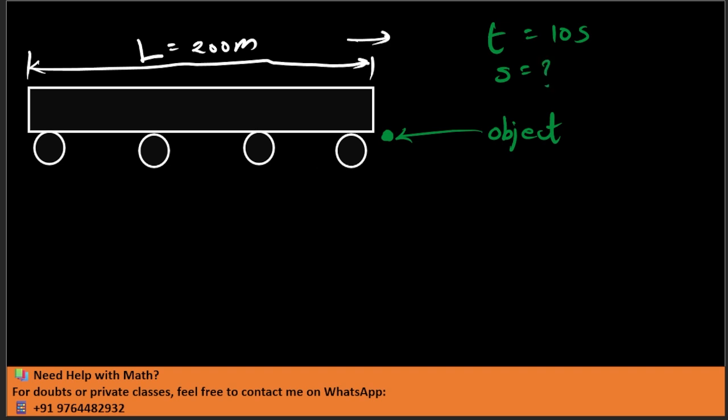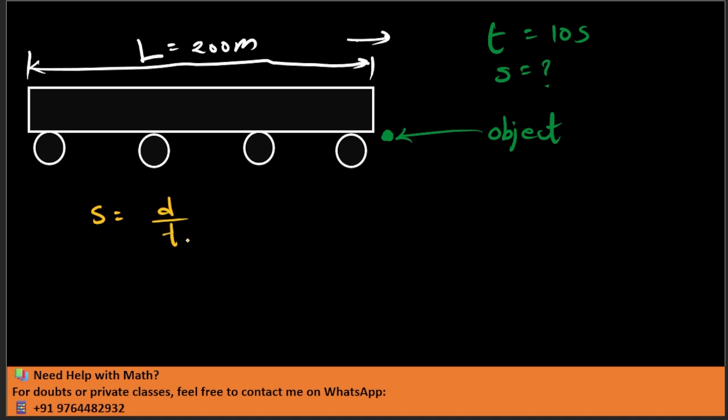So this train has length 200 meter and it takes 10 seconds to cross this object. What is the speed of the train? How to find it? We just apply the basic formula. We know that speed is equal to distance upon time.